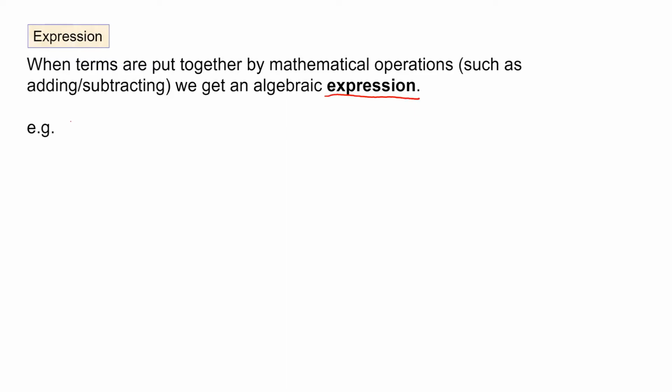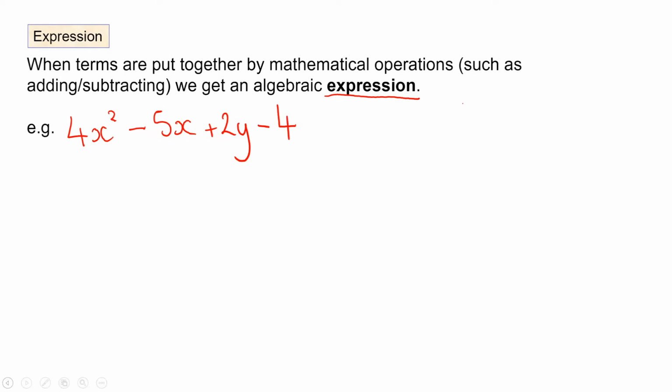So if I write an expression down, you just put terms down, like 4x squared, which is a positive term, then minus 5x, that's another term, and another term, for example plus 2y. As we put terms together using mathematical operations, this creates what we call an expression.